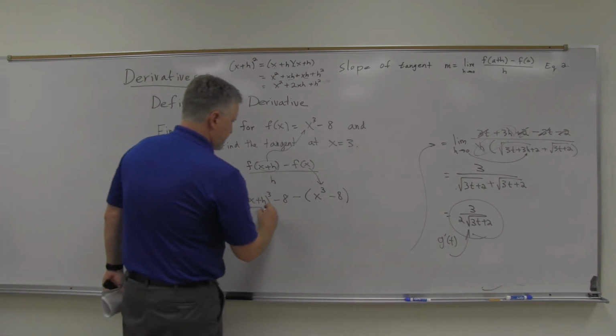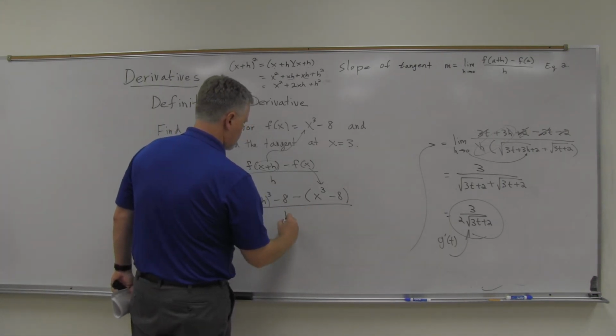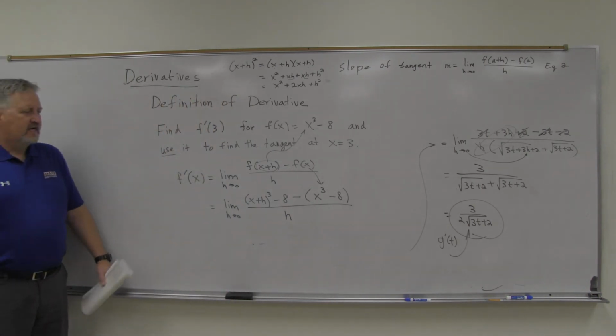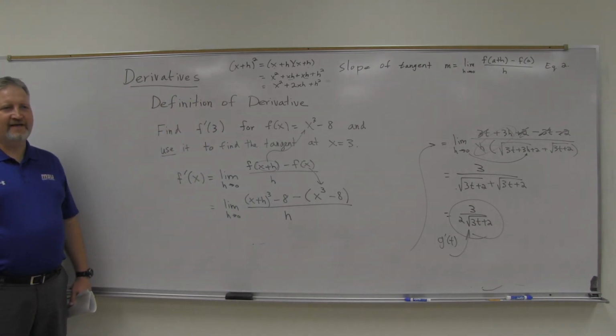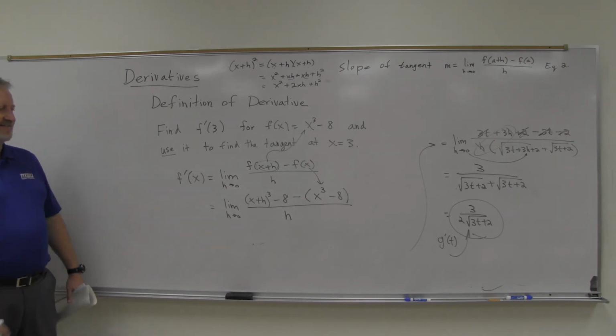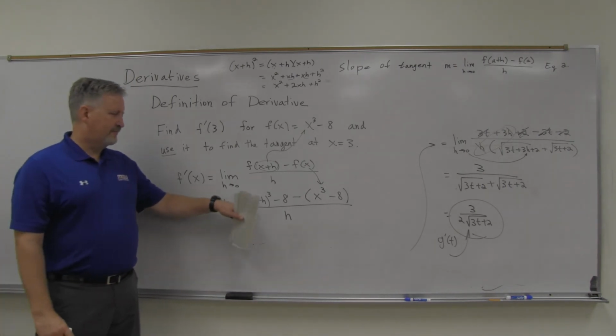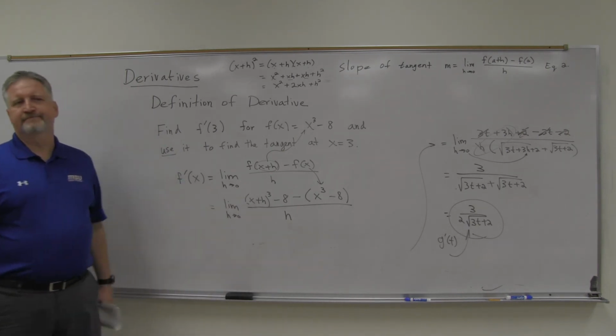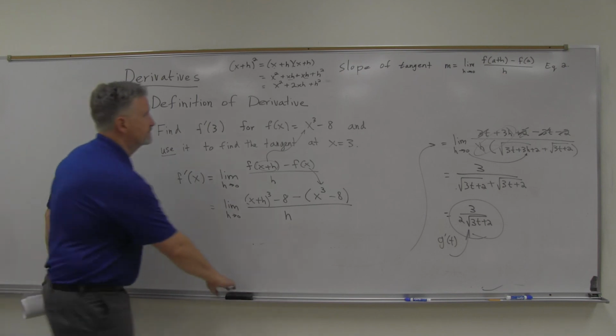Divide by h. I guess there's multiple ways we could go at this, and if you got another way, that's okay. As long as you get the correct answer, say it that way. Typically, what we do is go ahead and cube that x plus h out.